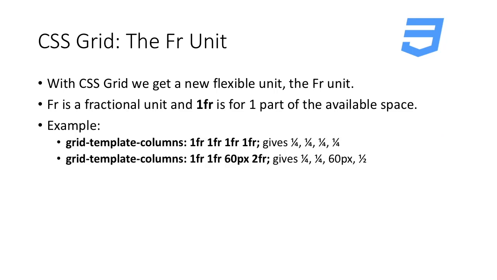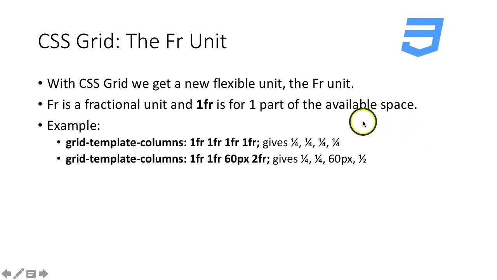Does that make sense? So for example, here, I have 2 examples. I have one where I just say 1 FR for 4 columns, and that just means each one's going to be a quarter in width.